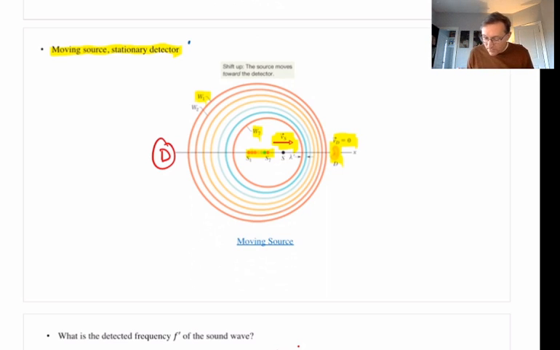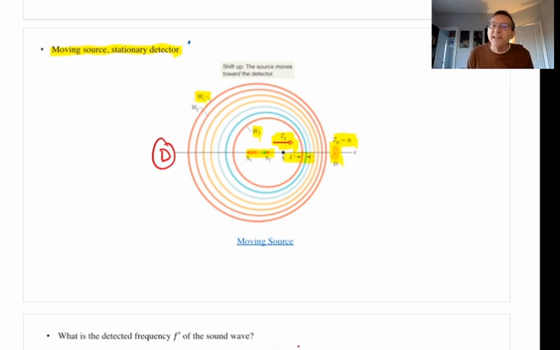So here's what I'm going to point out. If you look very carefully in this drawing, right there, they emphasize the distance between two neighboring wavefronts on the side where things are bunched up, and they call that lambda prime. If you want to call that the detected wavelength, notice it's small.